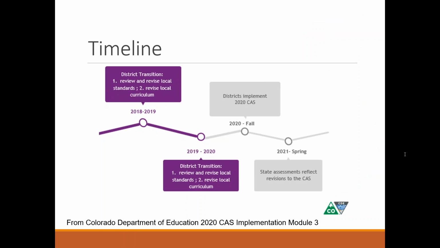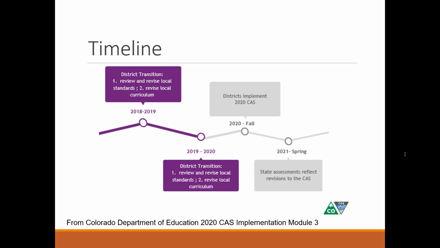So just a little bit about the timeline. One important thing to know is that we have some time before these standards go into effect. And districts have this year and next year to really think about how they're transitioning into using them. So the 2018-2019 school year and the 2019-2020 school year are all dedicated to transition.